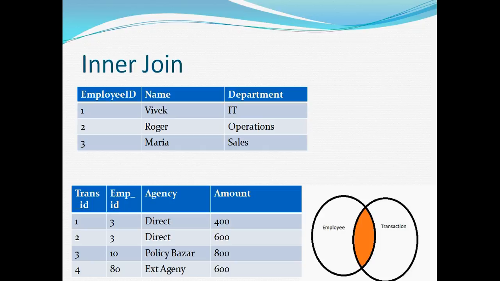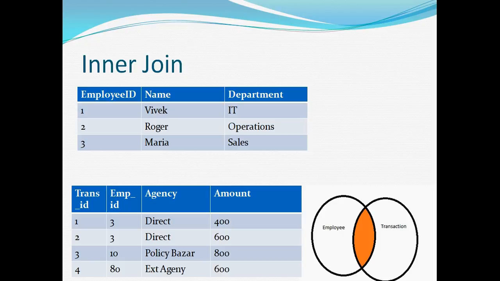And what does that mean in layman's language? Here you won't see Vivek and Roger, because they don't do any sales. So that particular entry is not present in the transaction table. So the inner join won't consider them. It will consider only Maria, because you see Maria is present in both the tables.